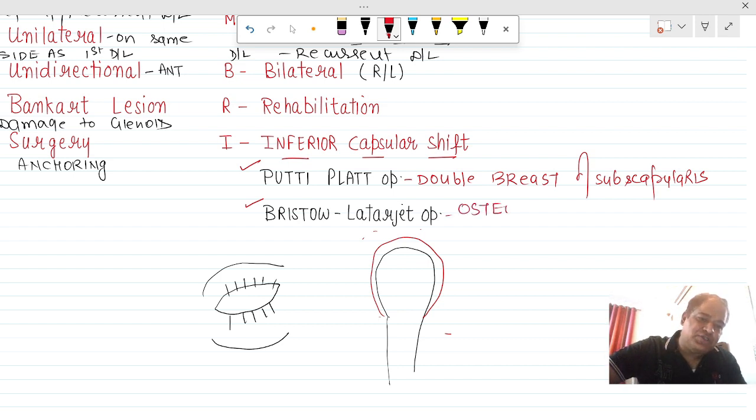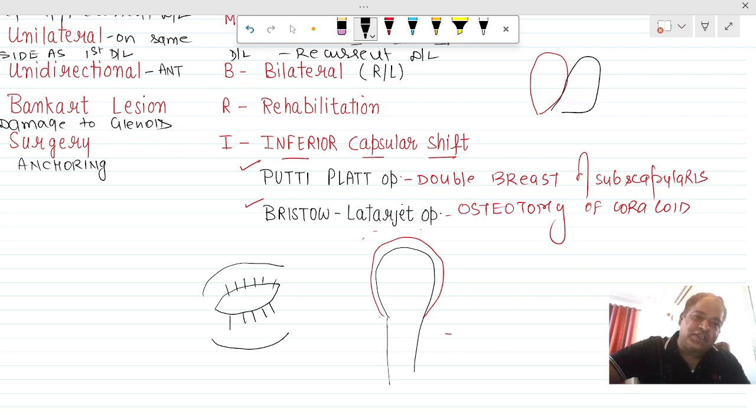That is osteotomy of coracoid process. We cut the coracoid process from its original location and then we attach it with the glenoid bone. Let's say this is the glenoid, which is very, very small. So what do we do? We attach the coracoid process with it.